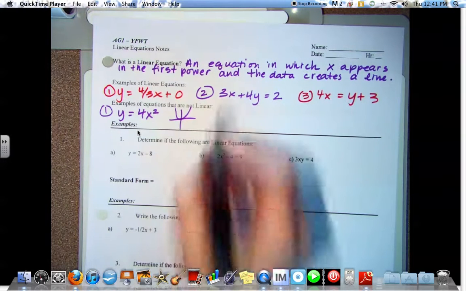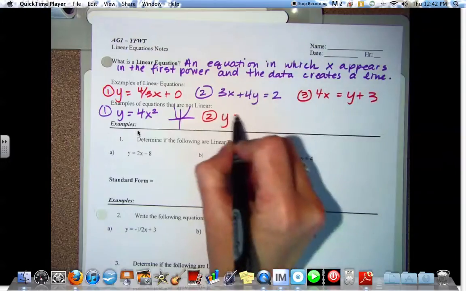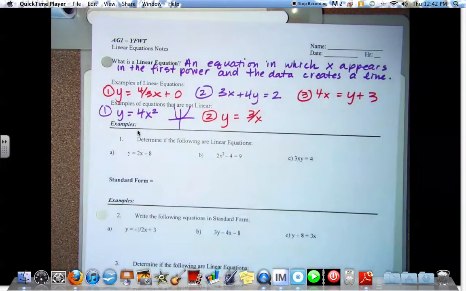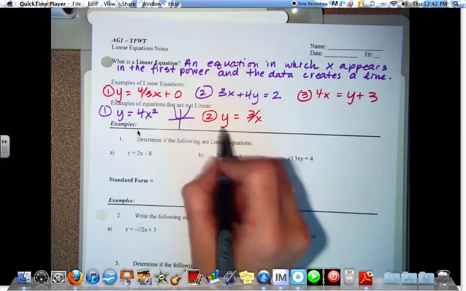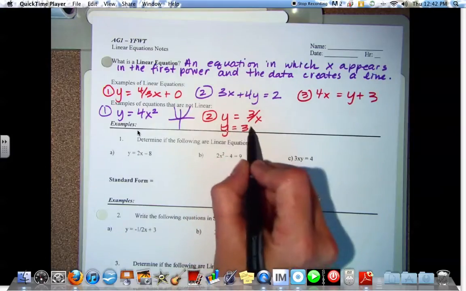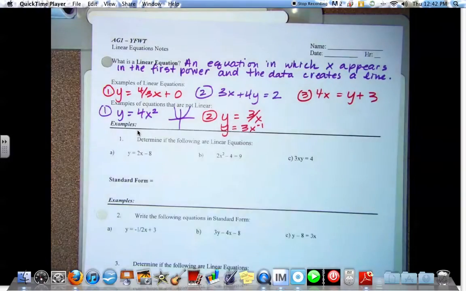All right, another example. Y equals 3 divided by x. The reason that this is not x to the first power is if you were to bring the x up from the denominator, it's represented by x to the negative 1. And you will learn that a little bit more next year.